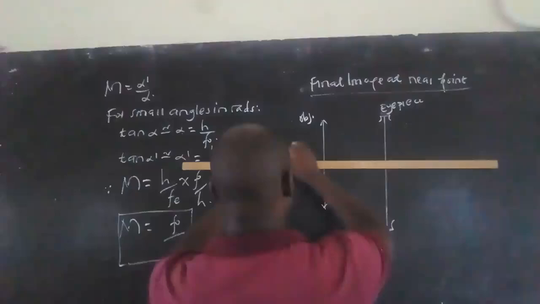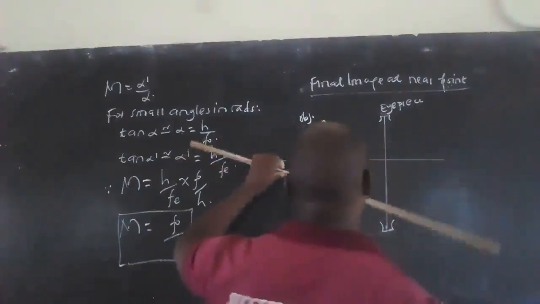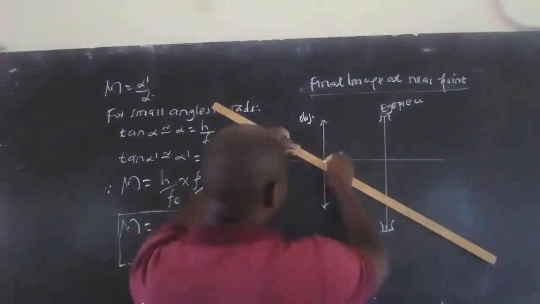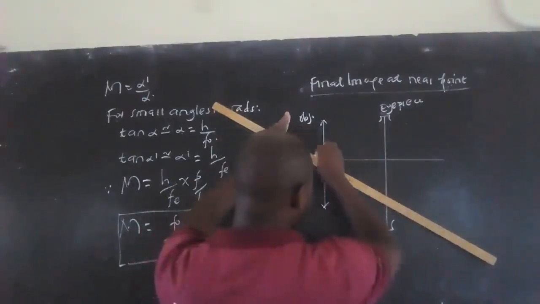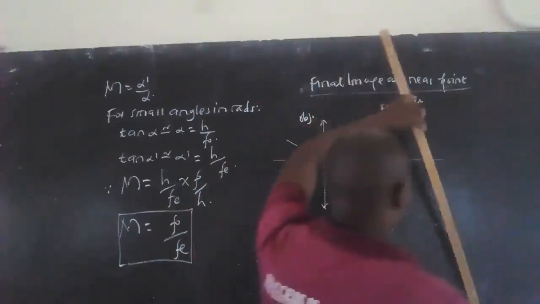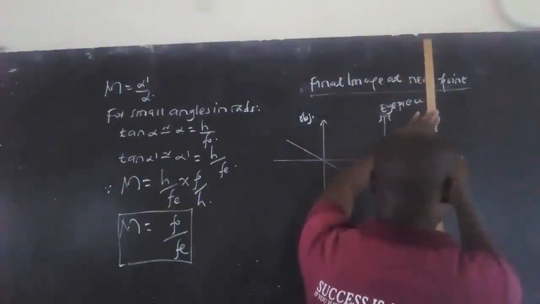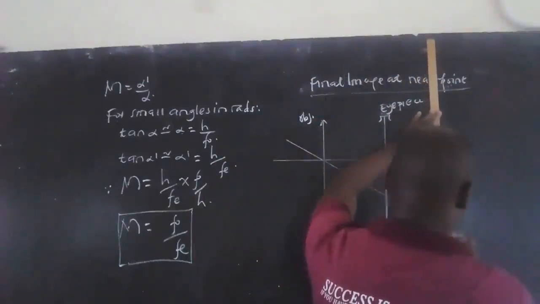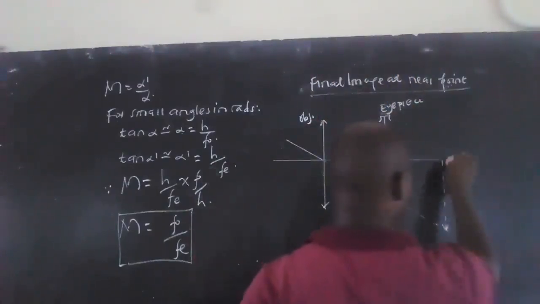Then here I have this. So we start with the other ones. The first one is here, which will come and give us some image here. Let me say the image will be formed here. Image 1.